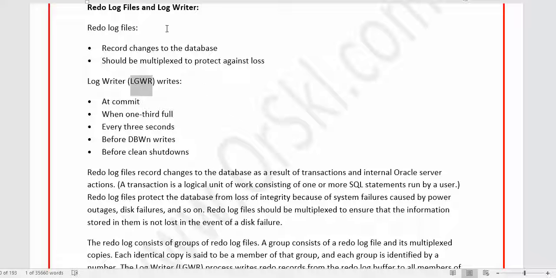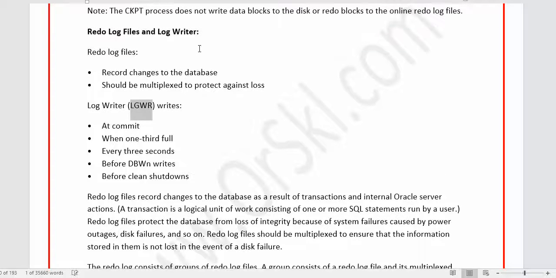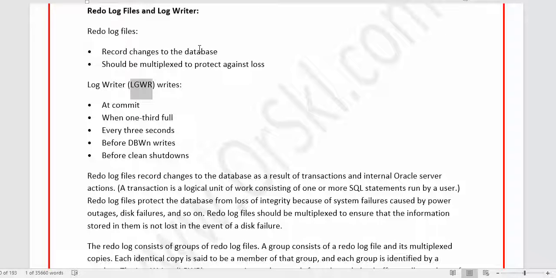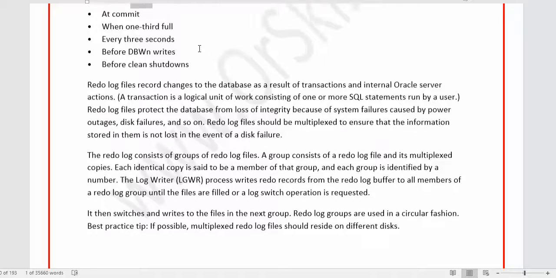This is very important for you to understand: the reason instance recovery happens, and in the process of instance recovery, which background processes will actively participate. I hope it is very clear now.